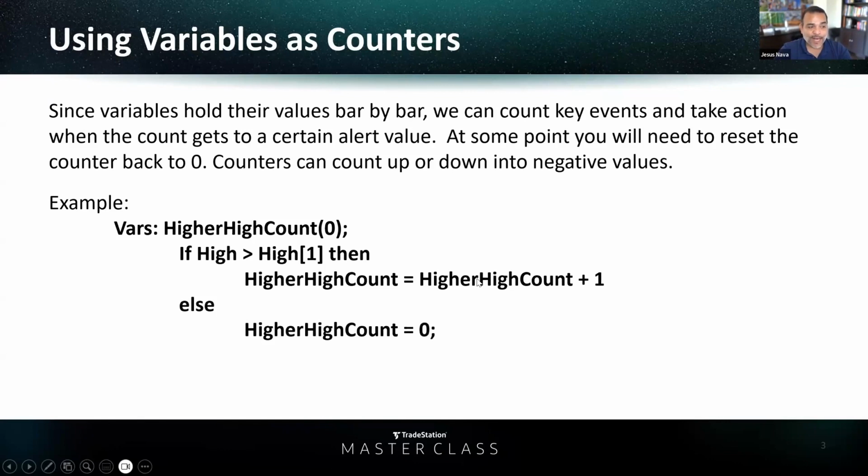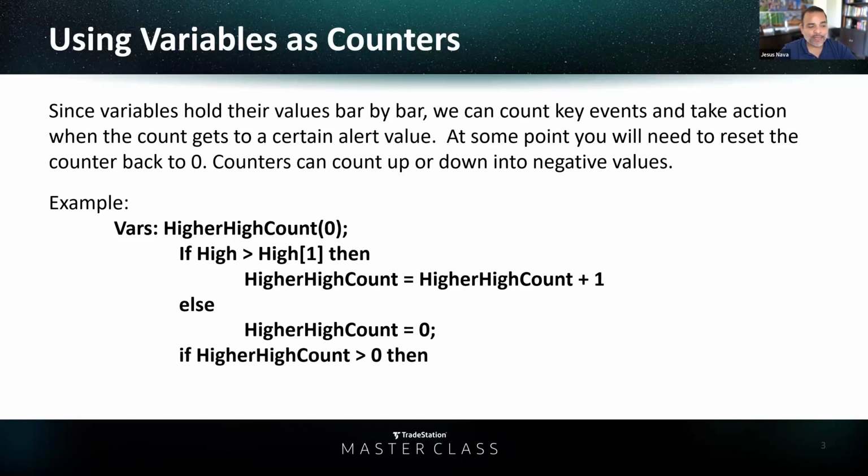Otherwise, higher high count equals 0. This is the resetting mechanism that we talked about. If the condition is not true, then reset my counter back to 0 so that it starts from scratch. And this is the way that we're going to set up our counters inside our code to keep track of those conditions, okay?